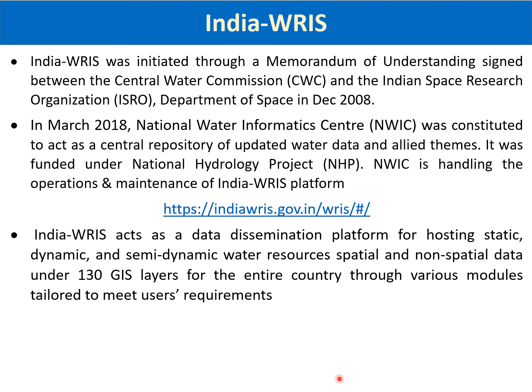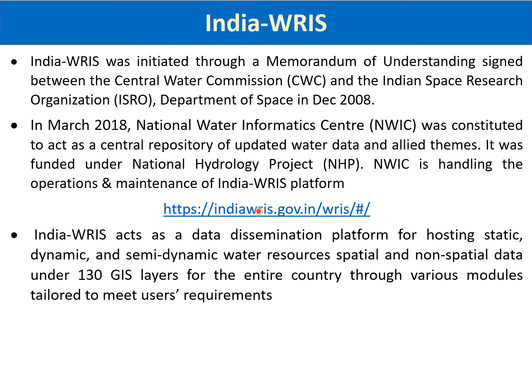As on date, it is looked after by the National Water Informatics Center, which was constituted in the year 2018 as a central repository of updated water data as well as allied themes data. It was funded under the National Hydrology Project.